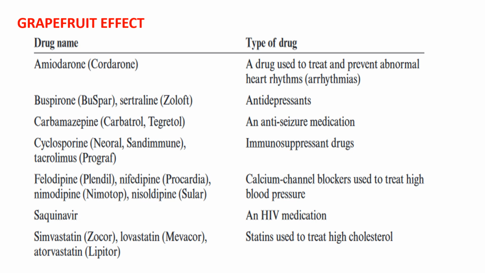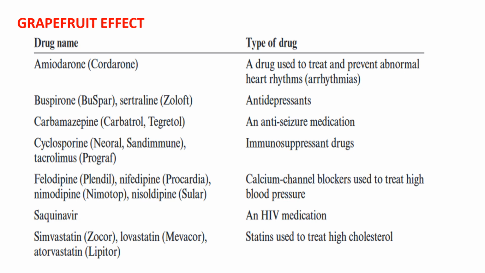Example is liver enzymes called cytochrome P450s. This enzyme inhibition, known as the grapefruit effect, leads to increased concentration of the affected drugs in the bloodstream, which increases the risk of potentially serious side effects from the drugs.